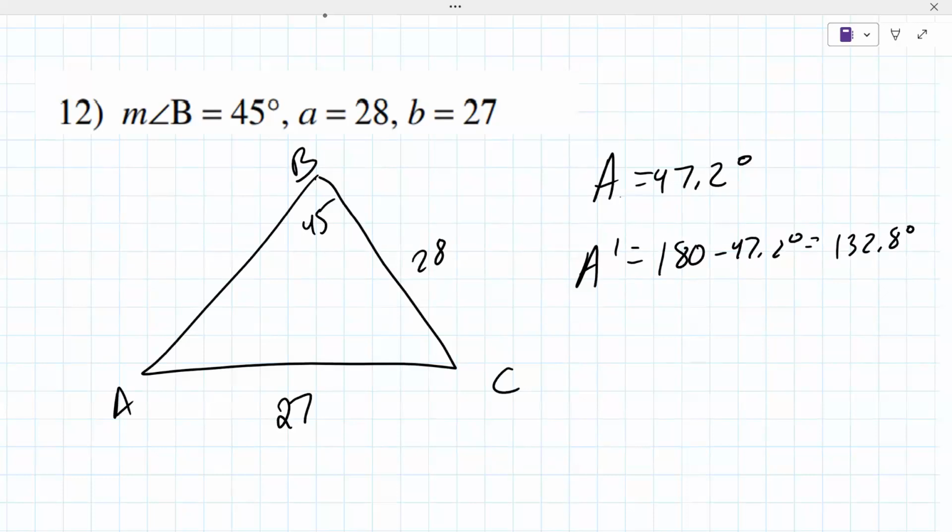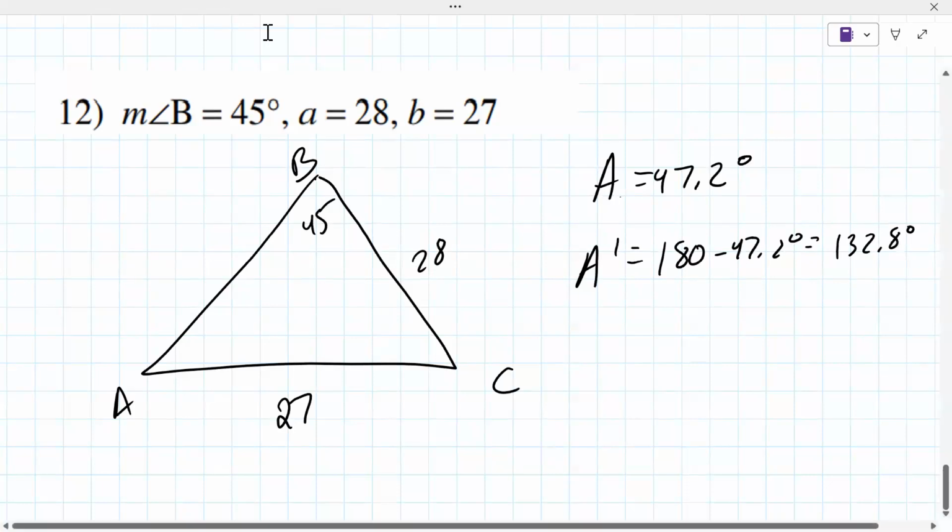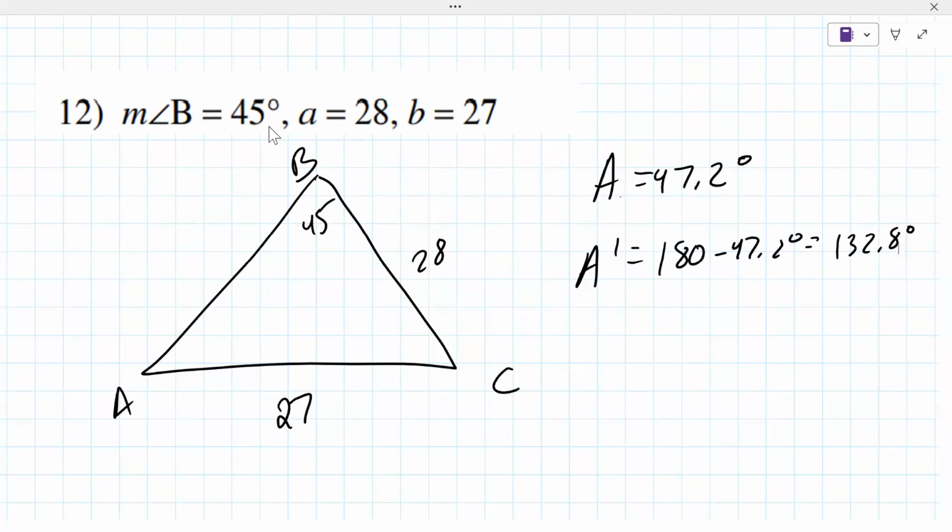Do you remember what to do from here to figure out if there's a second triangle, like what you do with this number, 132.8? Not really. You add it to the other angle, the 45, because that's fixed, and you have to see if there's still room. Meaning, is the sum less than 180?